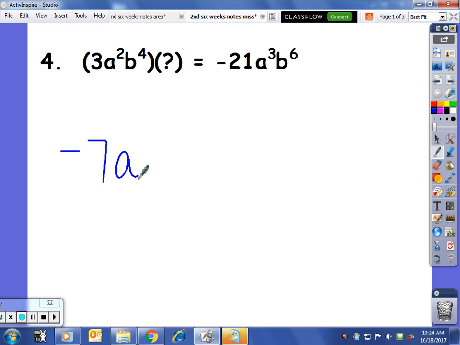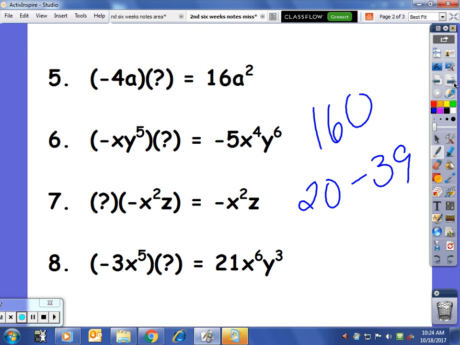Definitely need an a in there. And b squared. Negative 7ab squared has to go in the blank space here. Because 3 times negative 7 is how you get negative 21. A squared times a is a to the 3rd. And b to the 4th times b squared, if you add those up, you get b to the 6th. So do you all agree this is easy? All right, try these.